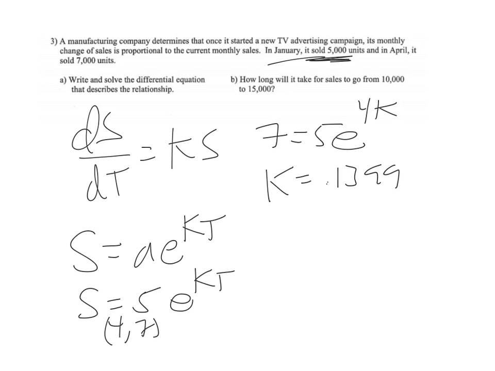Okay, so the equation will be, let's do it in context, S equals 5 times e to the 0.1399 t. Okay, so that's part A.